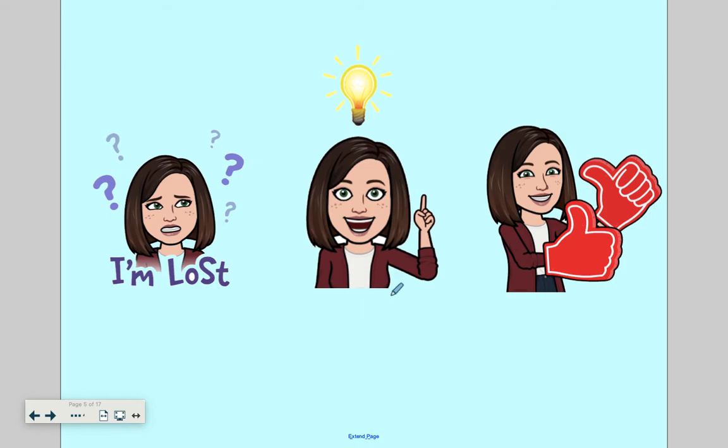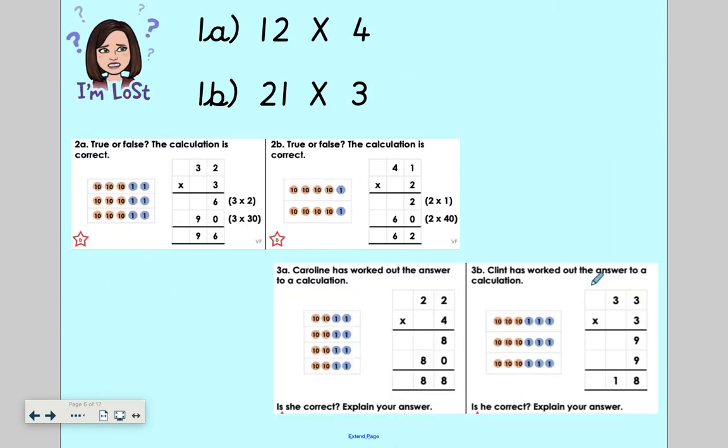Once you've done those ones on that slide, you are going to move on to this one. Now this emoji represents what our blue mastery one normally looks like, and there is also an extension on that page as well. Okay, I'm just going to show you, seeing as this is our first maths video, what it should look like. So when you go onto the slide, you will see.